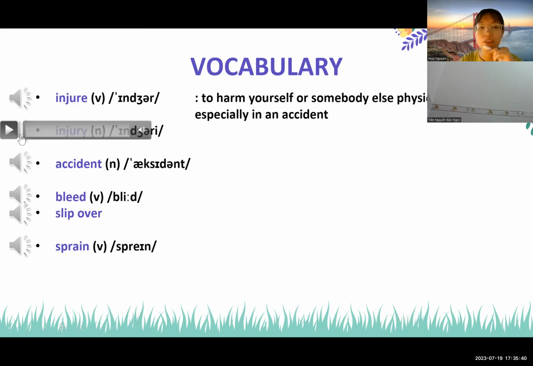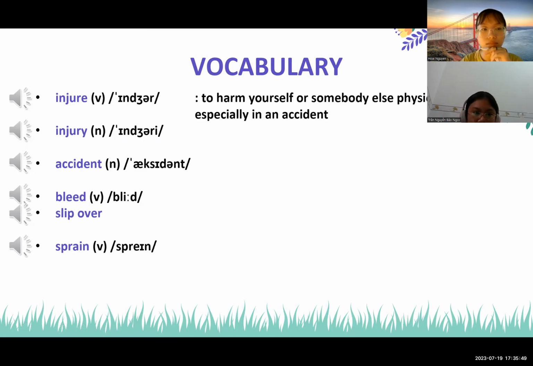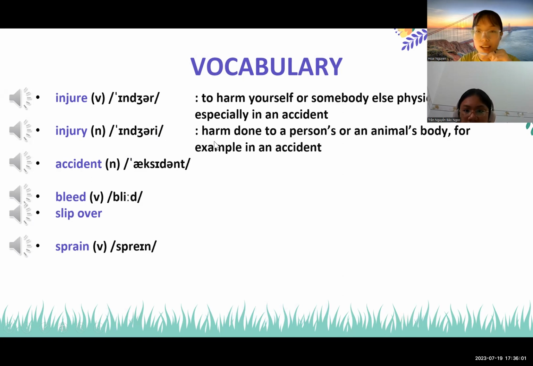We have a noun here: injury. Injury is the noun of the verb injure. Injury means harm done to a person's or an animal's body, for example in an accident, right?